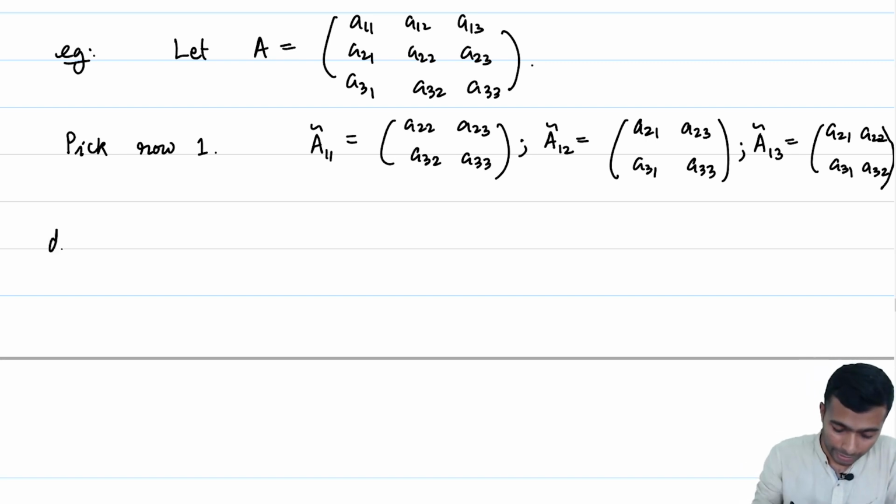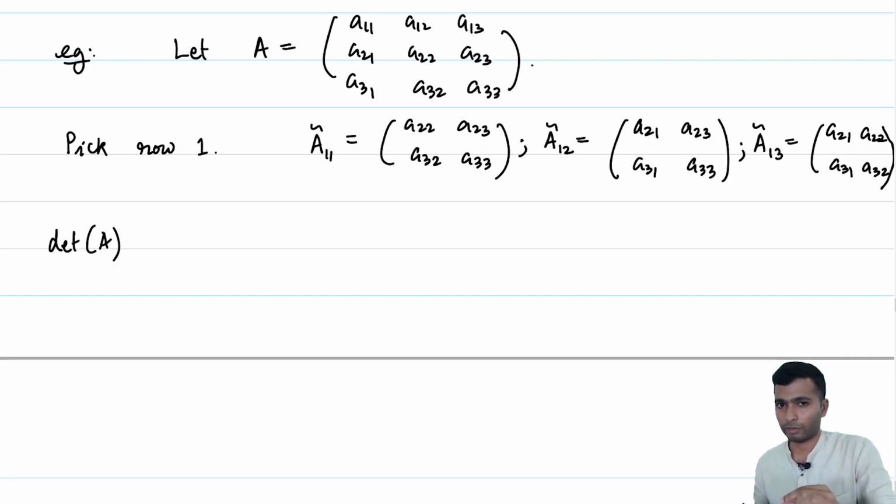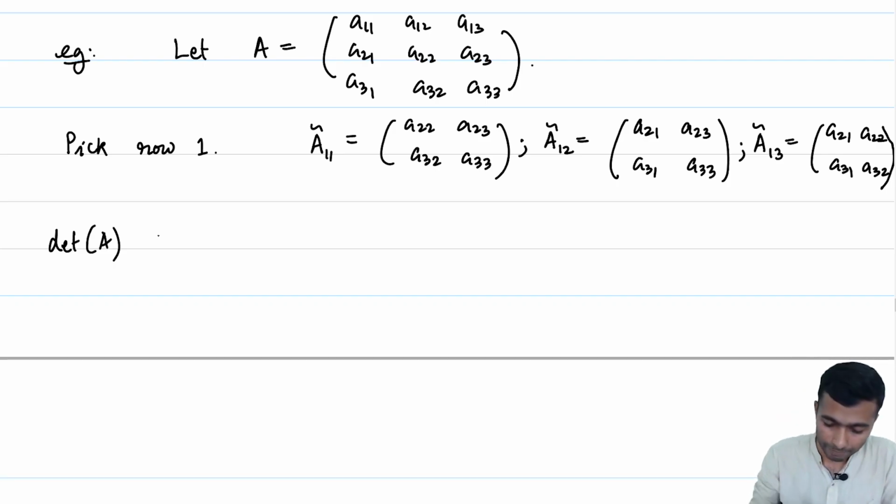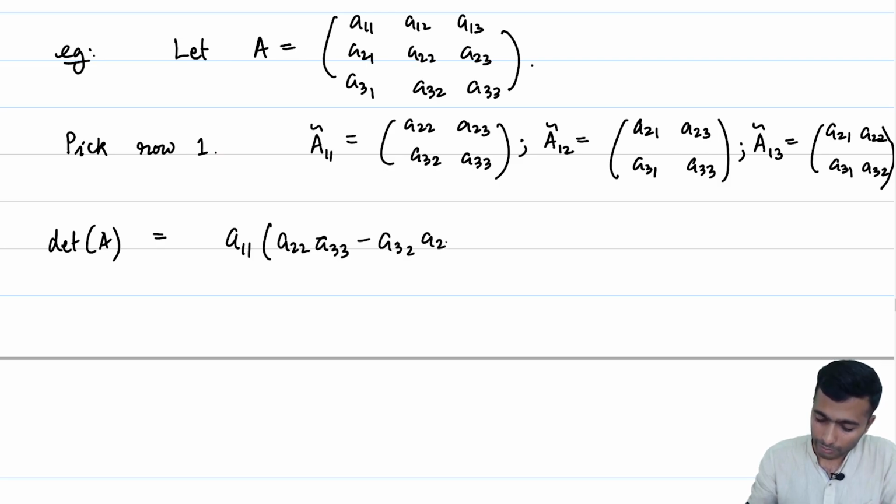So, determinant of A by our very definition, if we look at the cofactor expansion along row 1, is going to be equal to minus 1 to the power 2, which is 1, times A11 times determinant of A11 tilde, which is A22 times A33 minus A32 times A23.